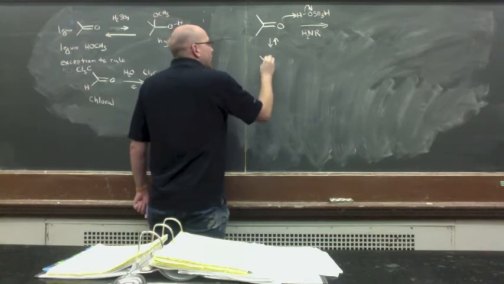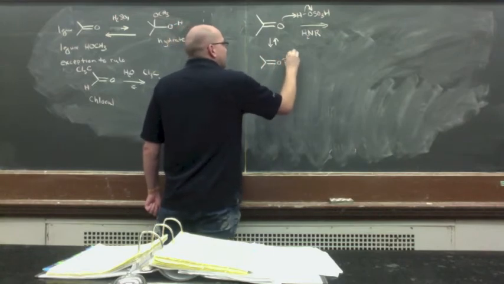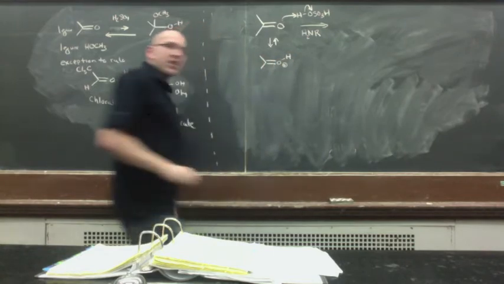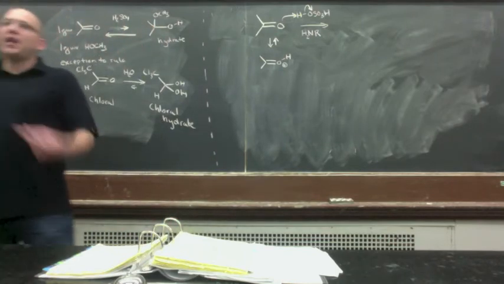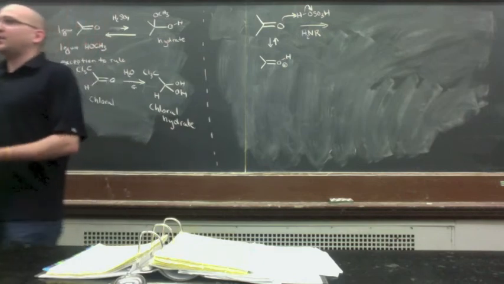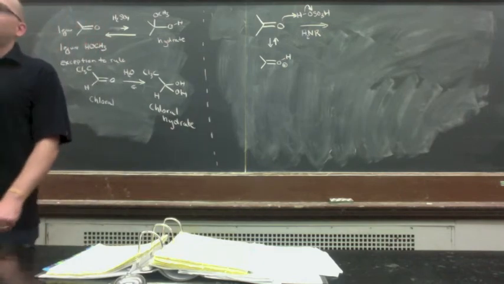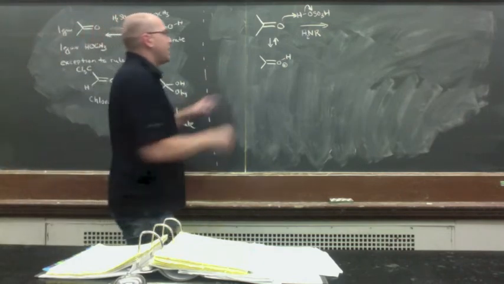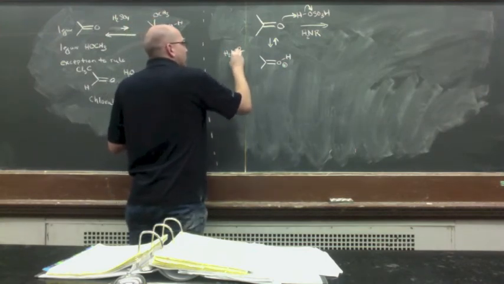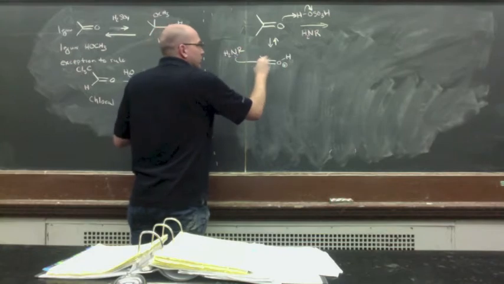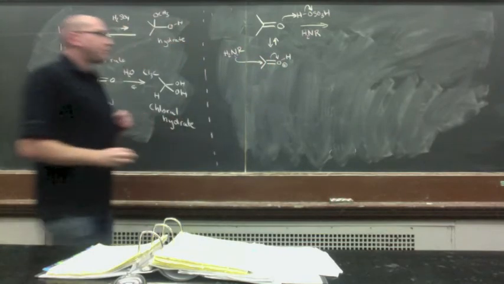the first step is going to be protonation of that carbonyl. In this case, now we don't have methanol, but we have the amine. So what's going to be the next step? The amine is going to attack here. The amine has lone pairs, so the amine is going to attack.